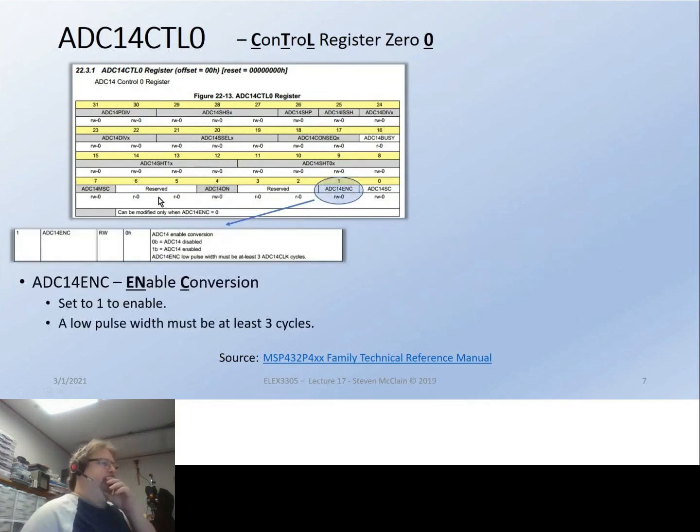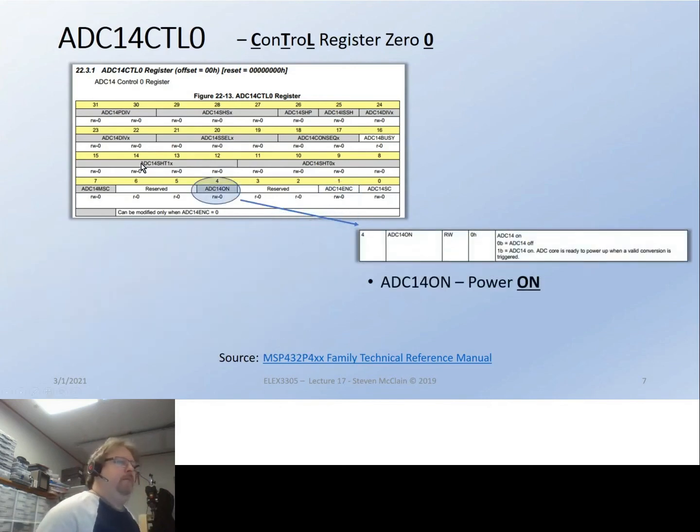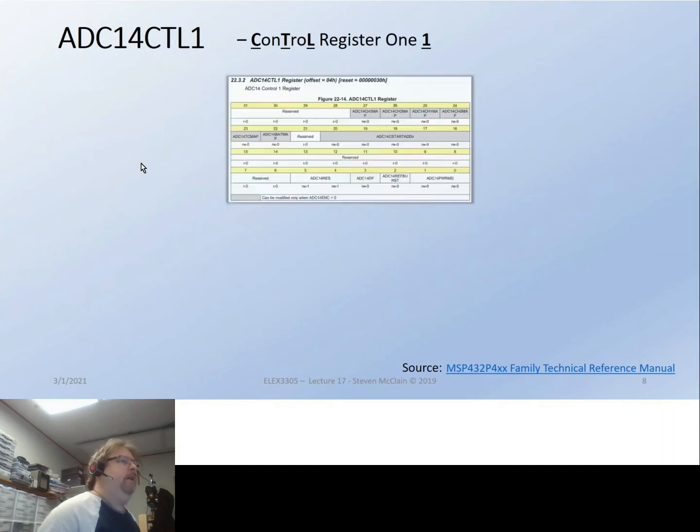You disable it, so you set it to 0, and that's a separate instruction. Then you do whatever setup you're going to do for the whole thing, and then you set it the other way around. You set it to enabled, and after that you can start doing start conversion. So you've got to do power on.